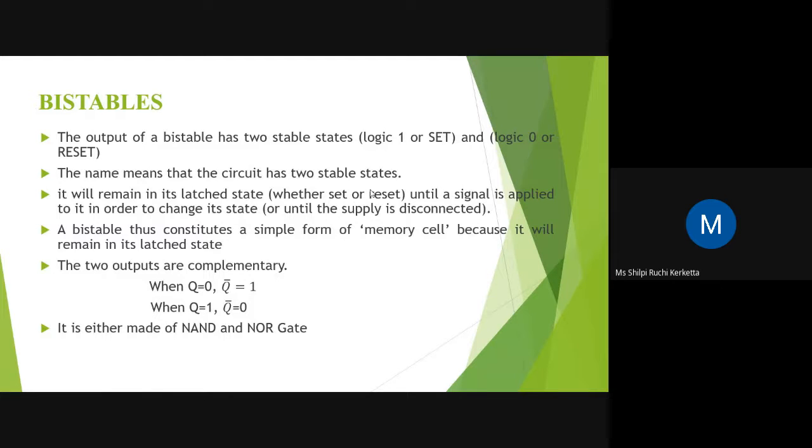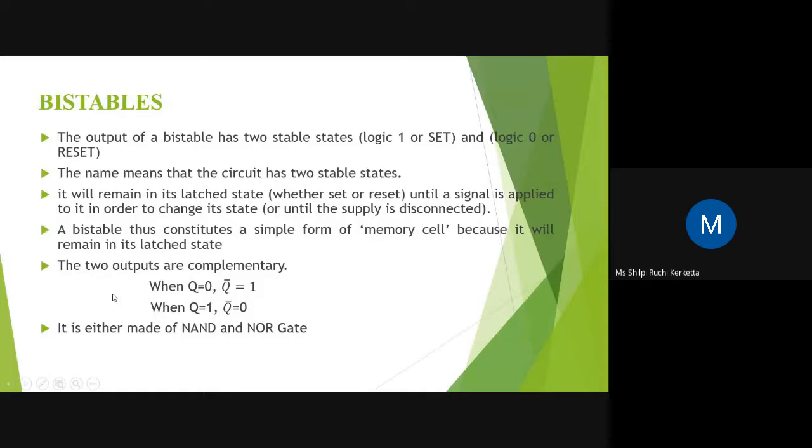Until we apply a clock, the output will not change. So this is only applicable for the clock state. A bistable thus constitutes a simple memory cell. It is the basis of how we create a memory cell for digital devices. That's why we call it a memory cell.